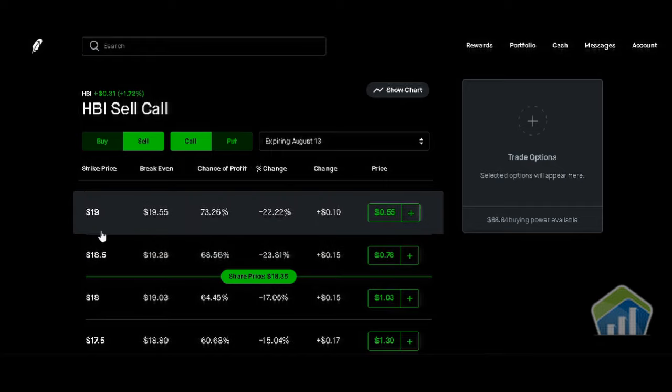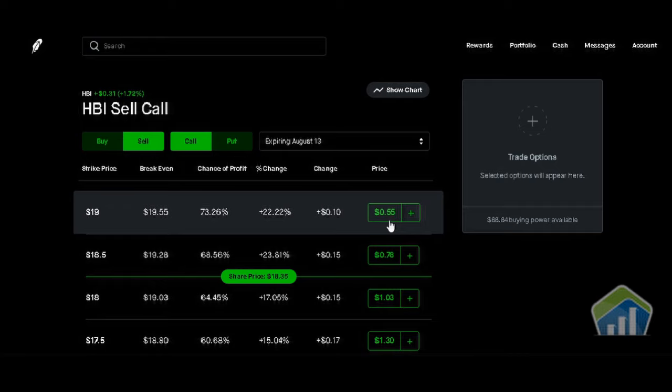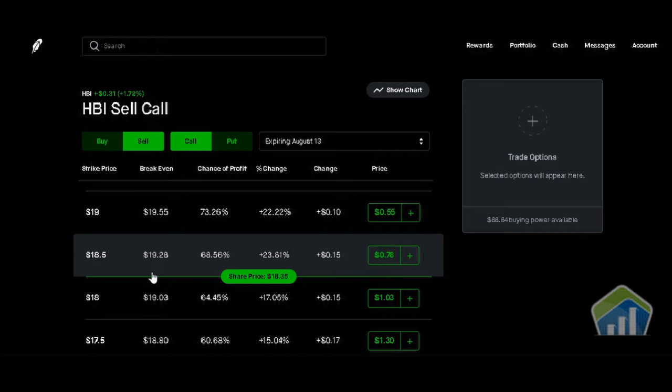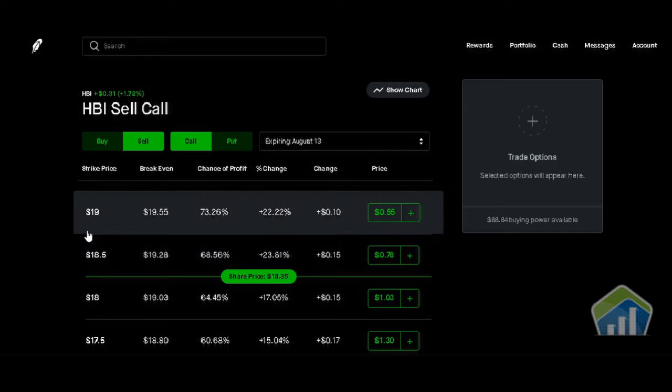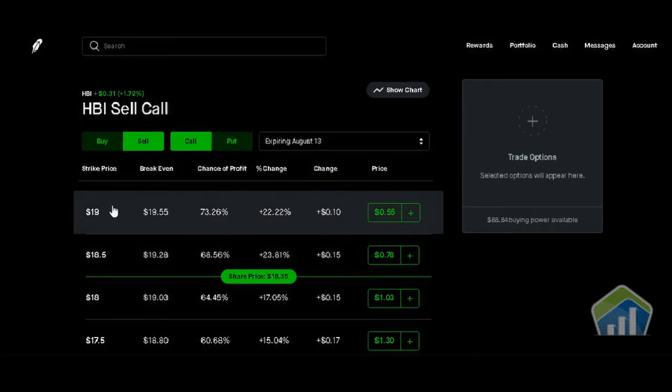But hey, if it doesn't reach $19, we hold on to our shares and we still got paid $55 up front, right? So the $1,835 that you would spend up front will get you back $55 up front, and possibly another $50 equaling $105 for the sell at 19. Obviously, you'll get your original $18.35 back, but on top of that, you would have $105. So it's up to you on how you choose to play the game.